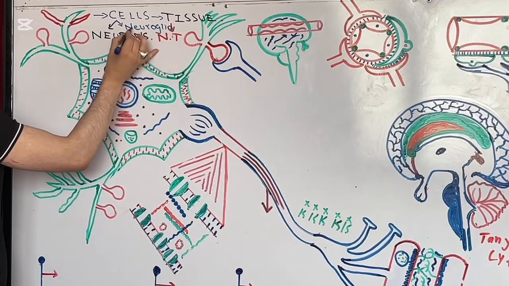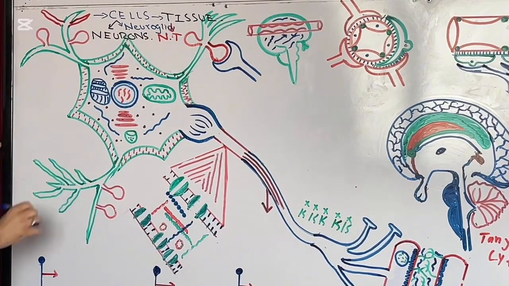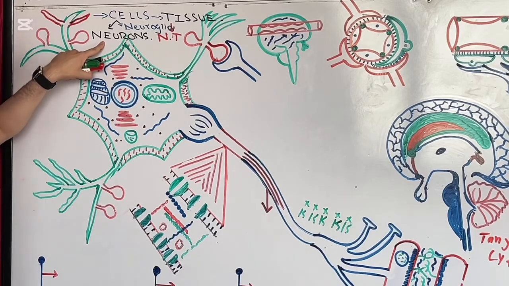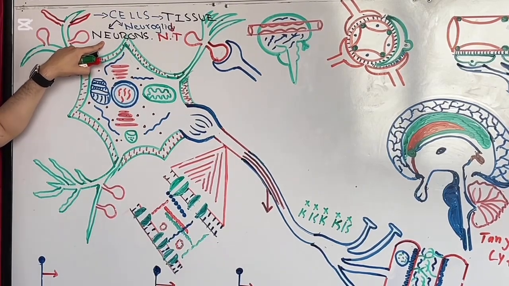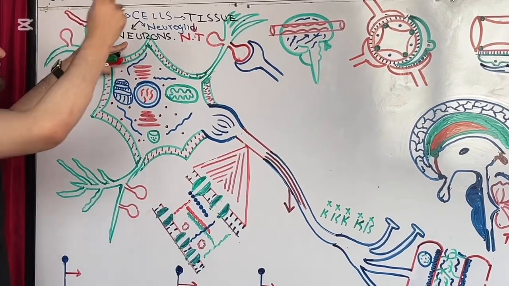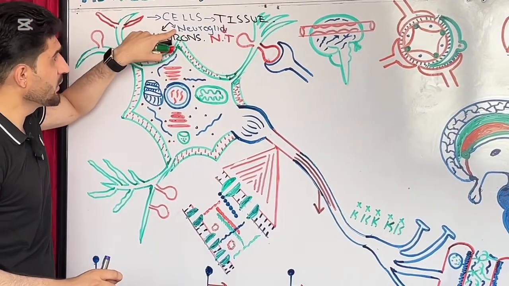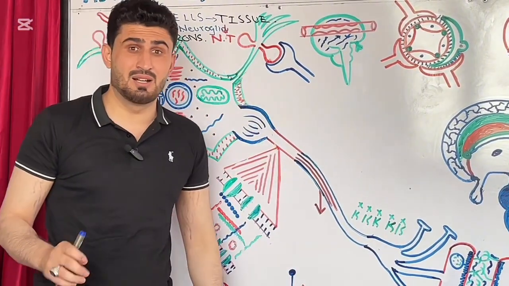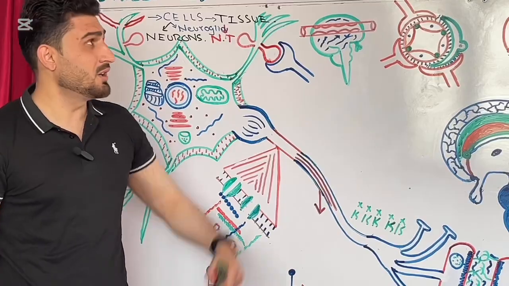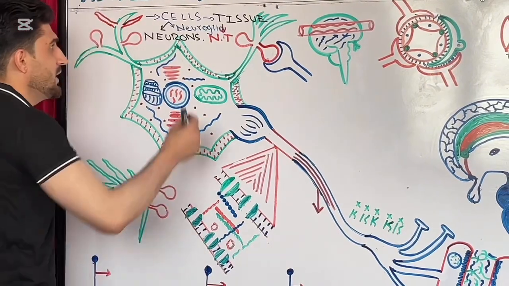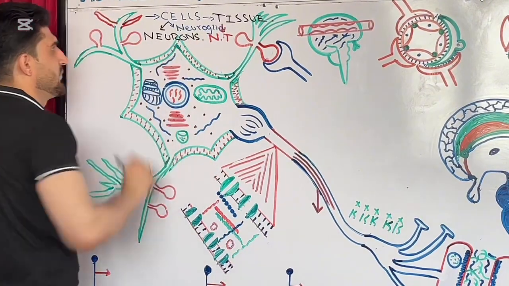Neurons are structural and also important functional cells of the nervous tissue, but neuroglia or glial cells are supportive cells of nervous tissue. It means they are going to support these neurons.